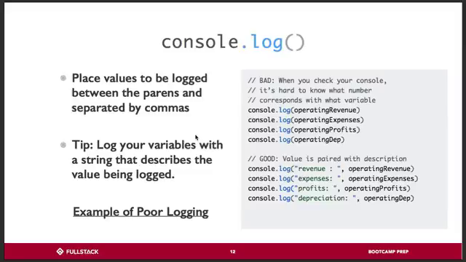Console.log. It's key. If you can't find a bug, I like to trap the bug somewhere by putting logs in between statements and logging everything out. If you can't find something and it's driving you mad, go line by line and console log everything that changes, everything that shows up, all the arguments.